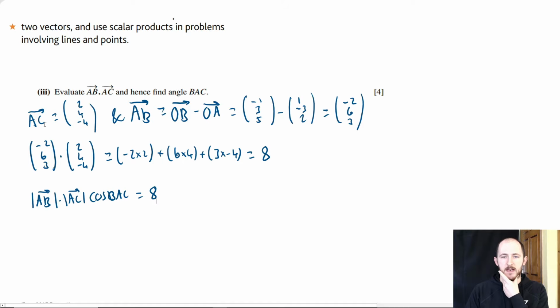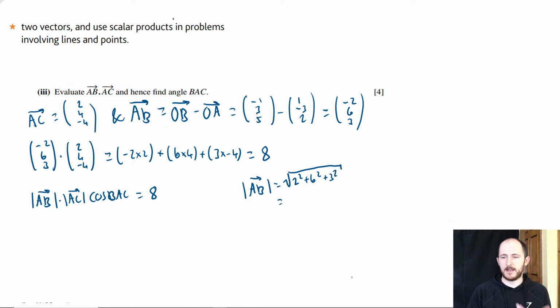So what we need to do now is work out modulus of AB and modulus of AC. So mod AB is square root of minus 2 squared, so 2 squared plus 6 squared plus 3 squared. The reason why I just got rid of the negative is because I know that when I'm squaring it, it's going to be fine. And that would give me 4 plus 36, that's 40, plus 9 is 49.